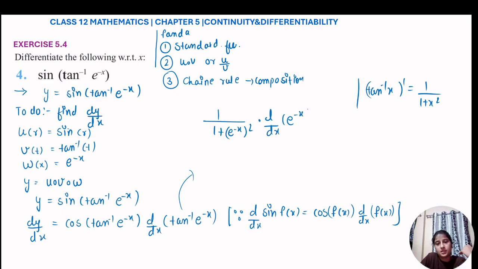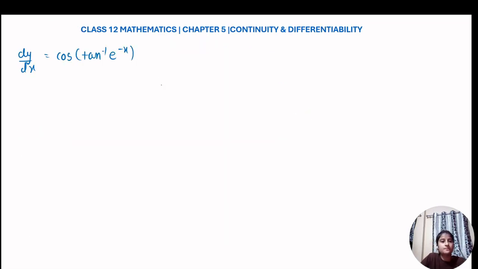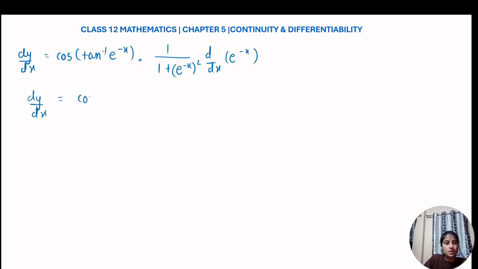Differentiate the inner argument. So this will come out to be, I will write it here. This will be 1 upon 1 plus e raised to minus x whole square. Then differentiate your argument e raised to minus x. Okay. So now dy by dx will become cos of tan inverse of e raised to minus x dot 1 upon 1 plus e raised to minus x whole square.